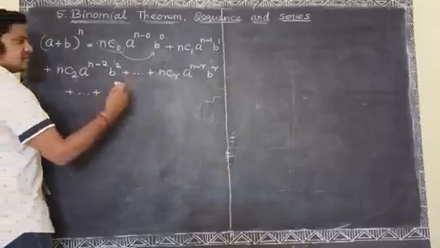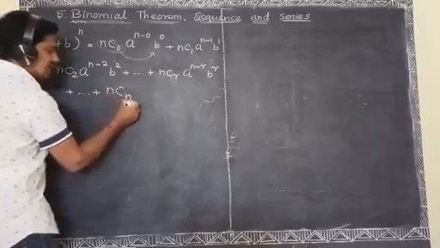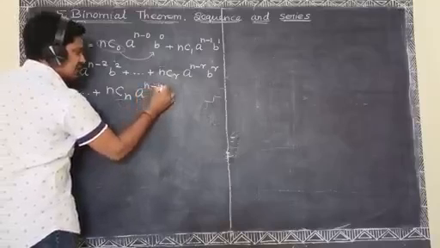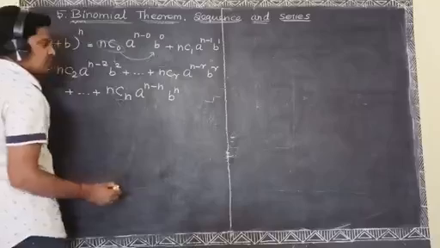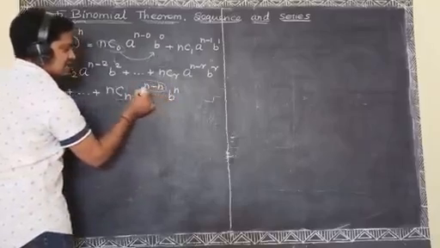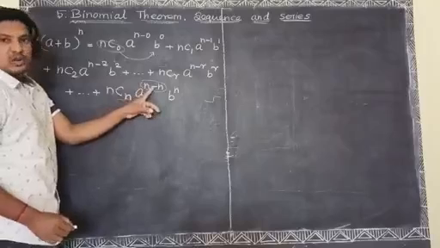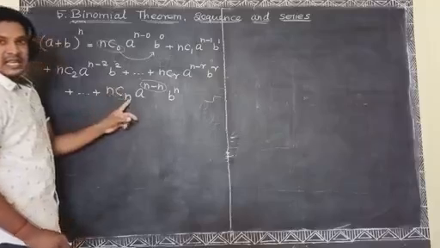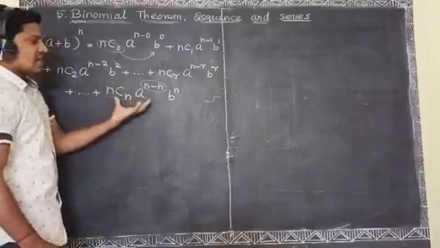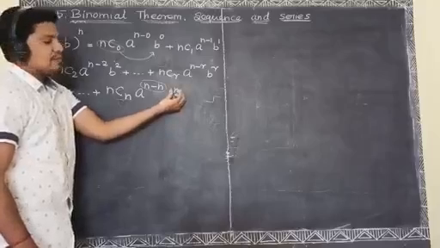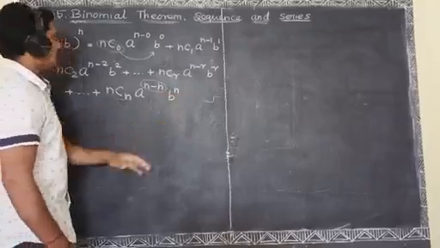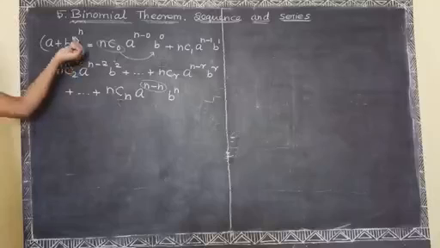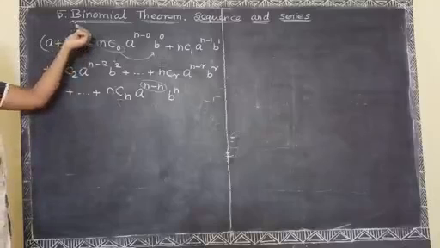Then the last term is nCn, that is a power n minus n and b power n. A power n minus n is a power 0, and anything to the power 0 is 1, and nCn is 1. So the last term contains only b power n. This is the binomial expansion of a plus b the whole power n.